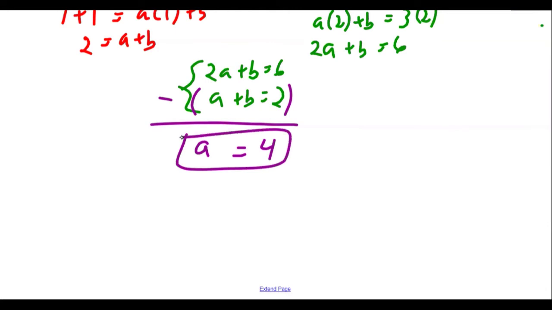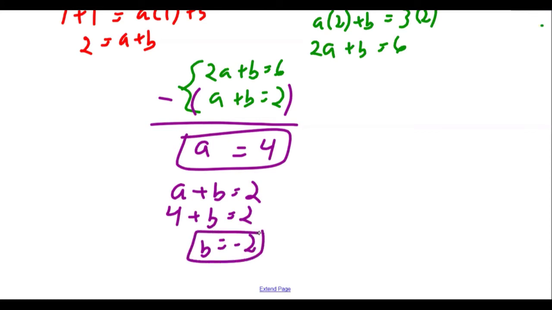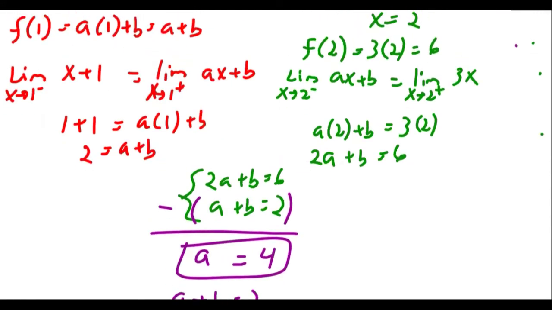How do I find b? Plug it into one of those equations, I don't care which one. So I'm going to use a plus b equals 2. So 4 plus b must be 2. Therefore, b must be negative 2. Double check and make sure that all works out in our pieces up here.